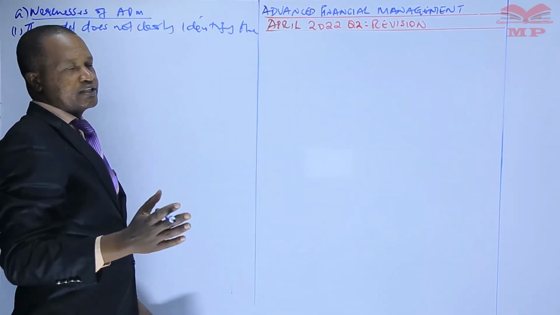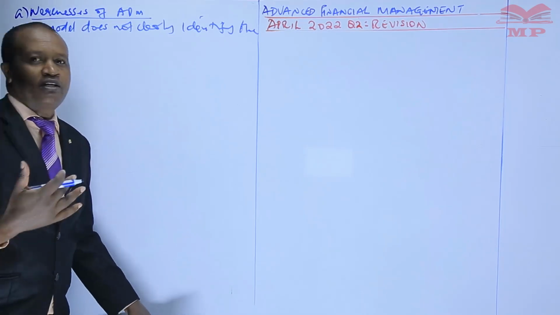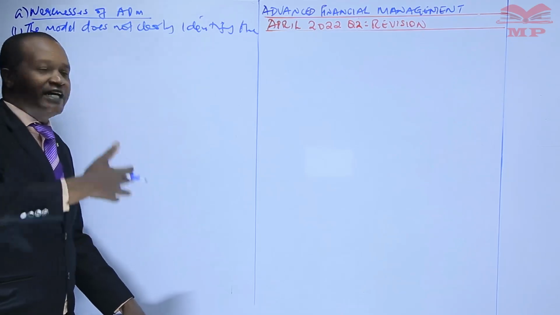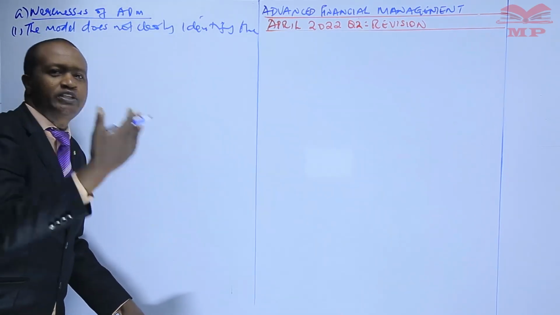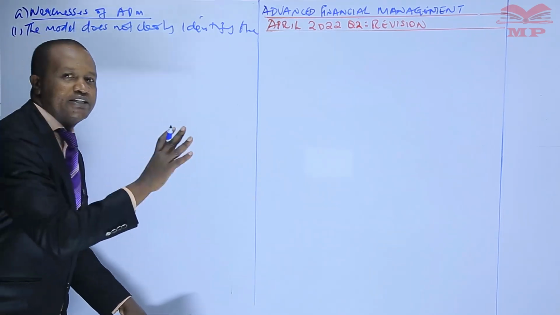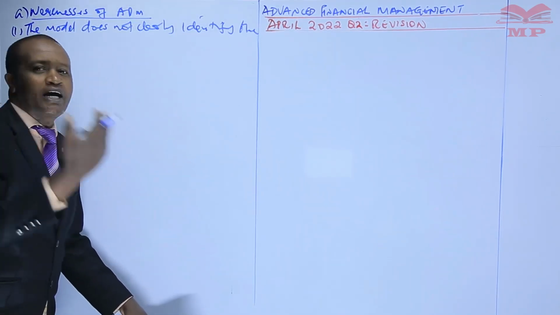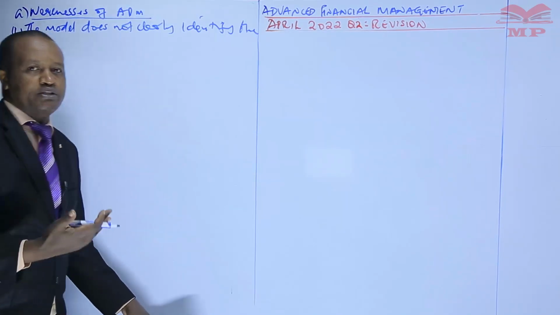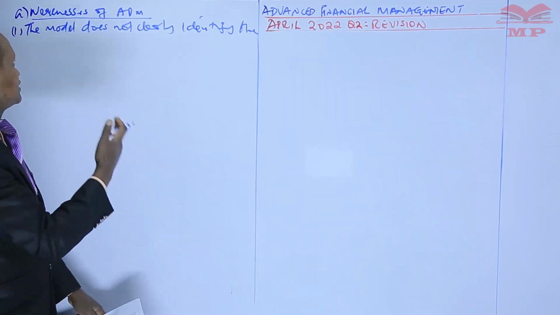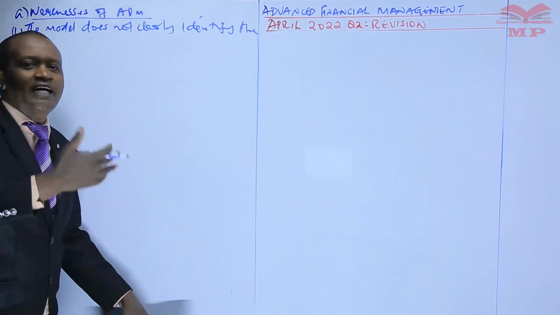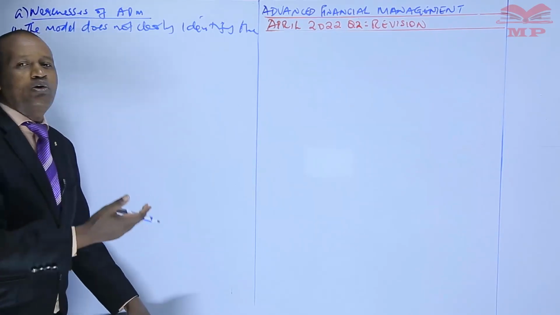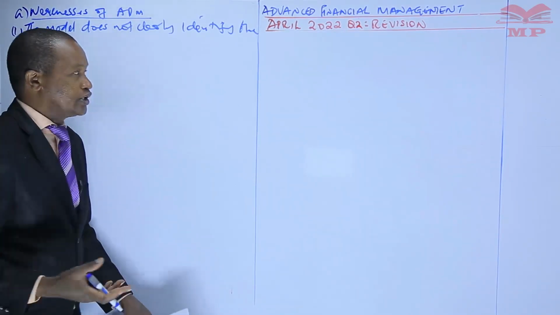Note that the APM model is based on the idea that an asset's returns can be predicted using a linear relationship between the asset's expected returns and a number of macroeconomic variables that capture the systematic risks. So the first weakness is that this model does not clearly identify what systematic or economic factors should be included.